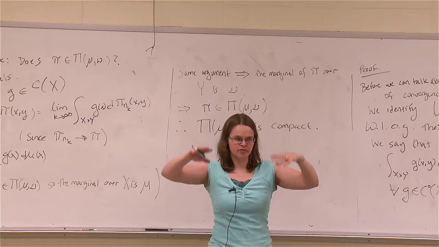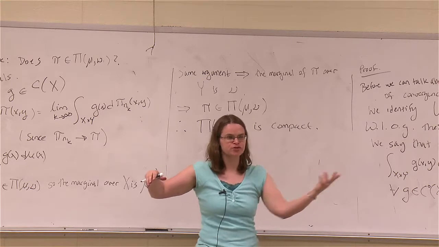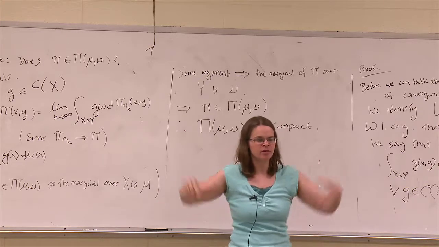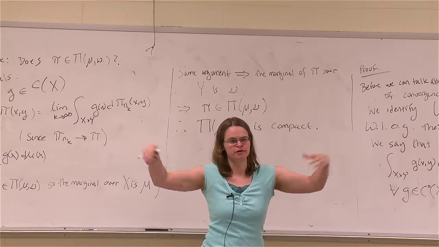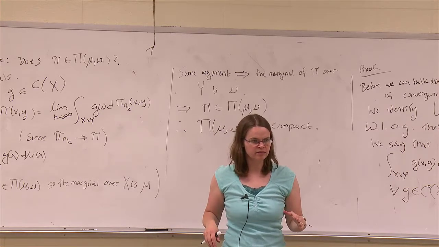Now I have a probability measure where in some regions there's no mass. There are some open sets that have no mass in them, but now the whole thing is defined on a compact set. Does that make sense?